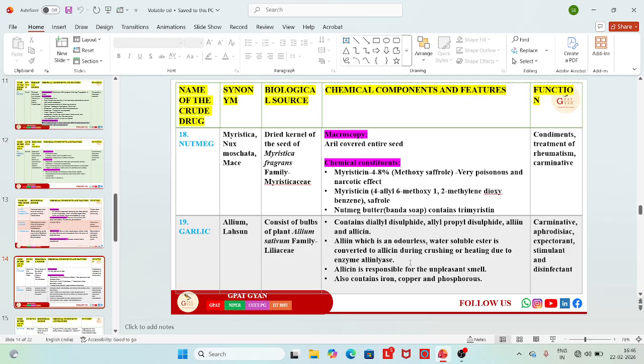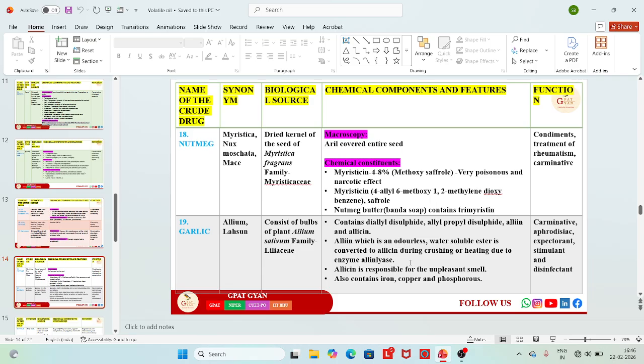Myristica. Garlic, allicin was one question in a recent mock test. Allicin of garlic is responsible for the unpleasant smell. Please go through this. These are very important and also very scoring. You don't need to think very much for answering these questions.